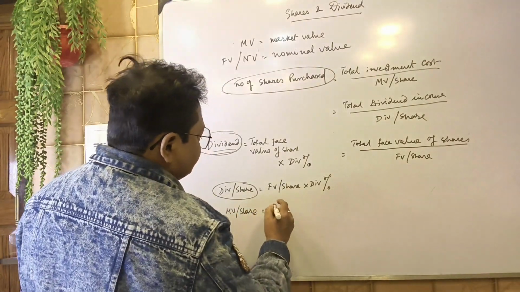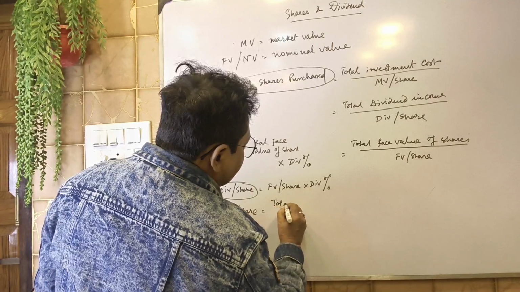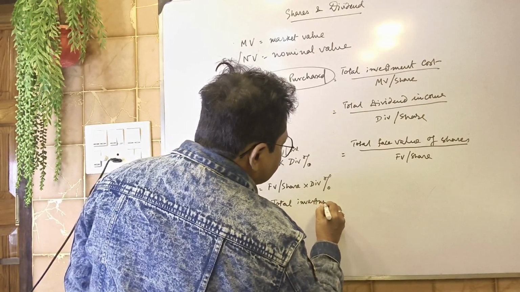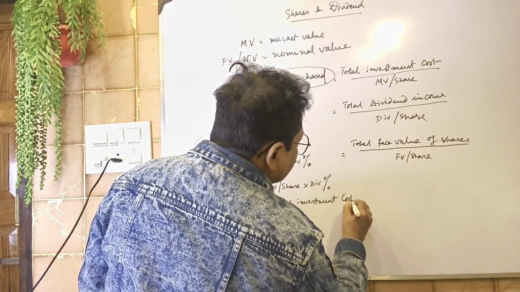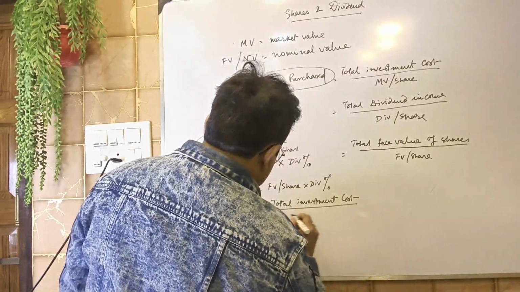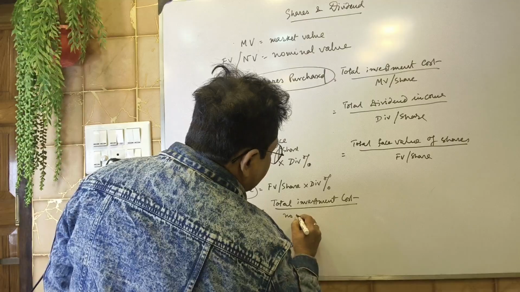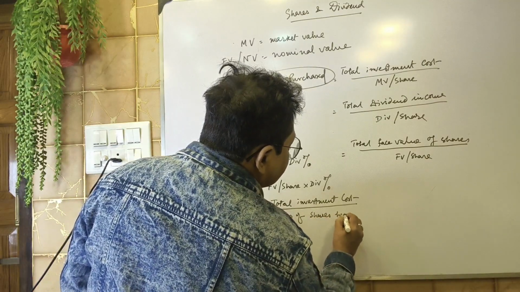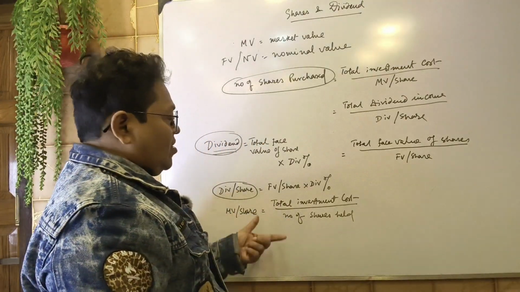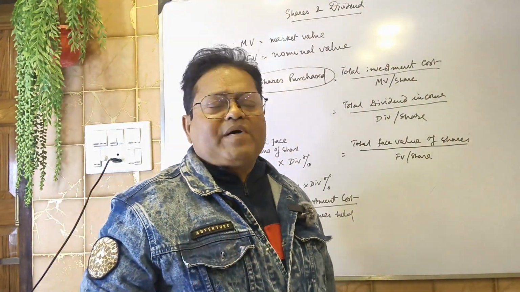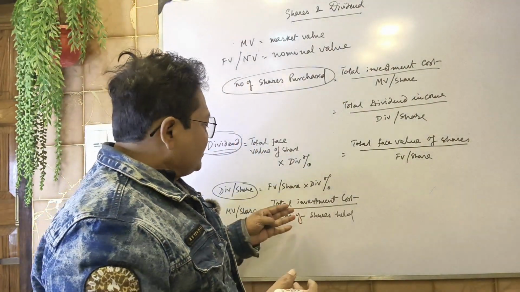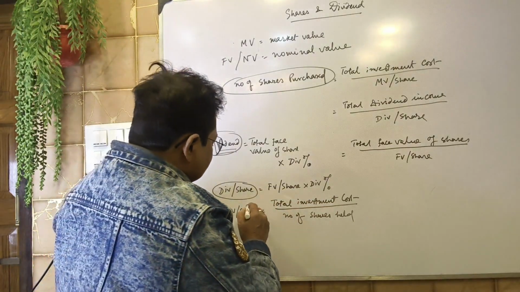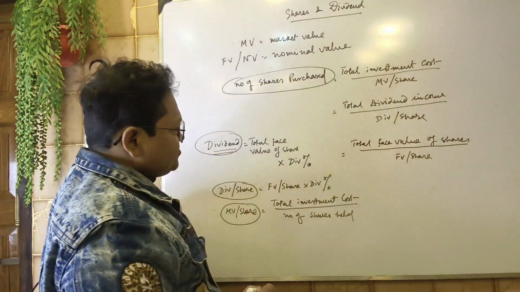It is the total investment cost by number of shares held or purchased. How many shares you purchased, by that the total investment cost is divided, number of shares held, that is the market value per share.